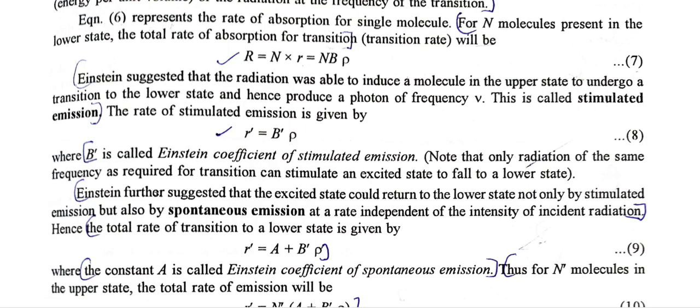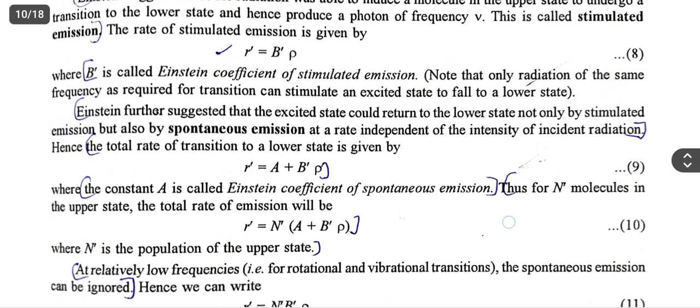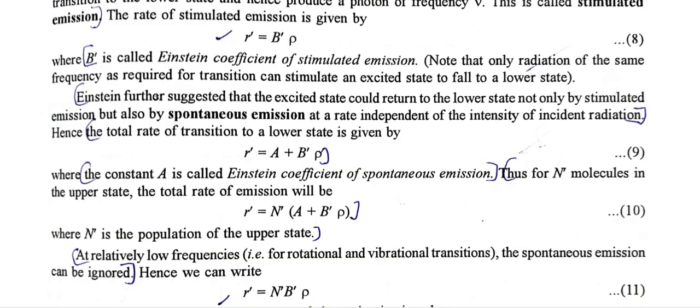The rate of stimulated emission is given by R dash = B dash rho, where B dash is called the Einstein coefficient of stimulated emission. Note that only radiation of the same frequency as required for the transition can stimulate an excited state to fall to a lower state.